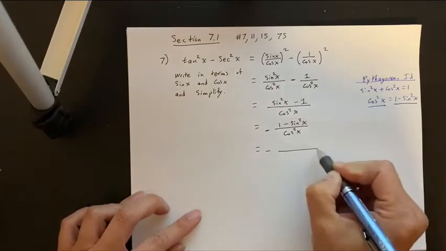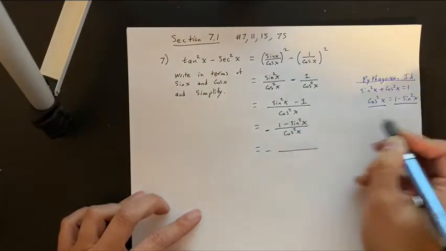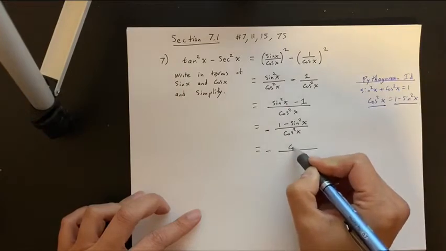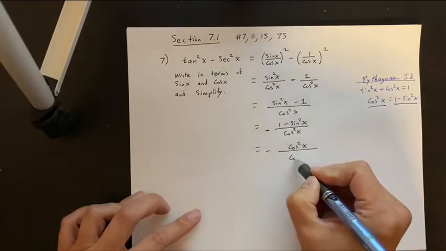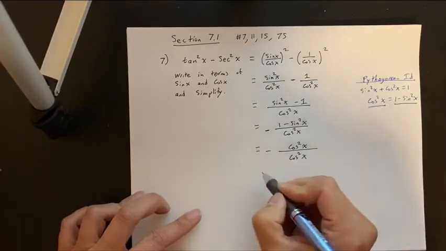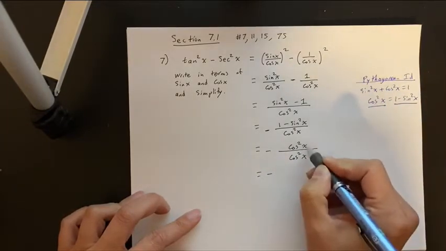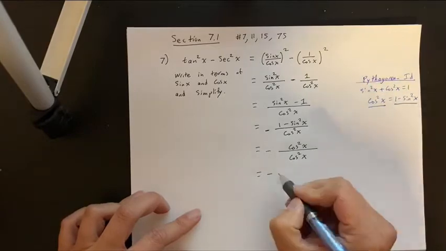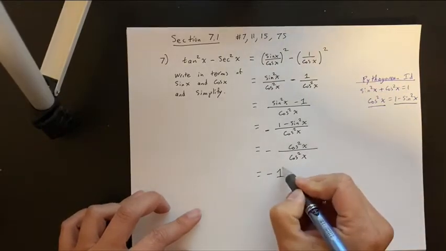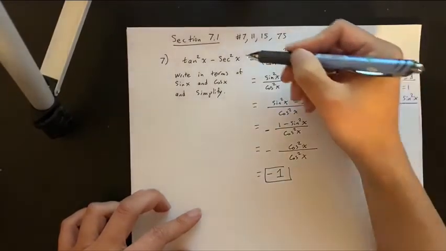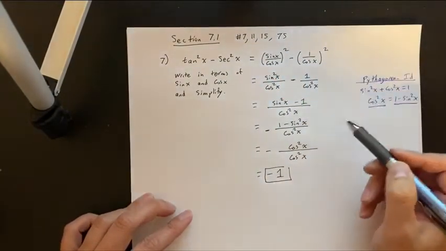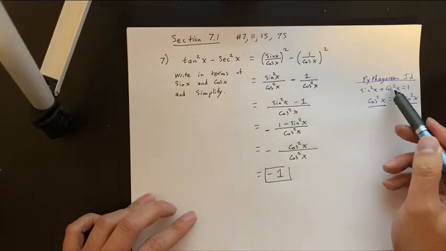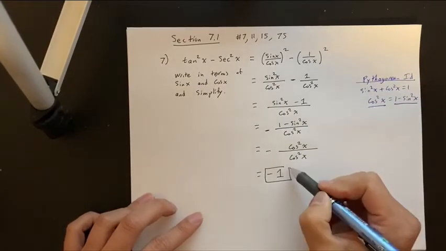All right, so now 1 minus sine square x is the same thing as cosine square x. The bottom is also cosine square x. Well, cosine square x over cosine square x is going to become a 1. So this expression, after converting it to be sine and cosine and applying the Pythagorean identity, is simply just negative 1.